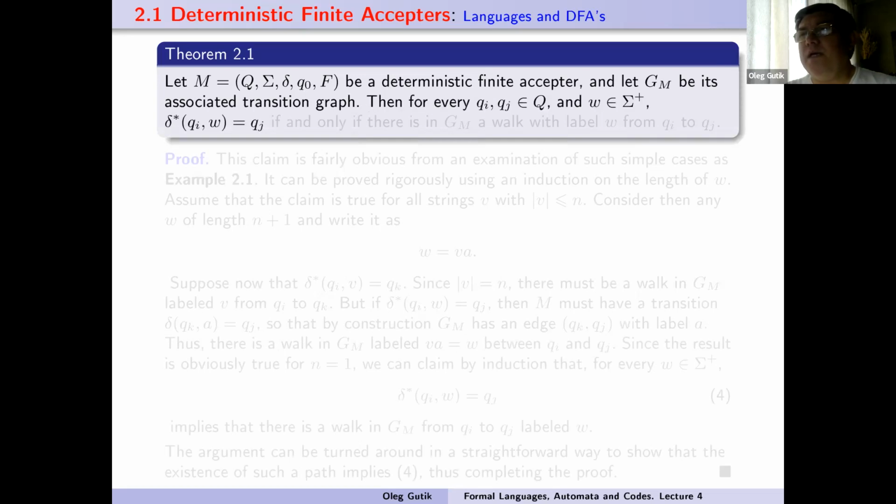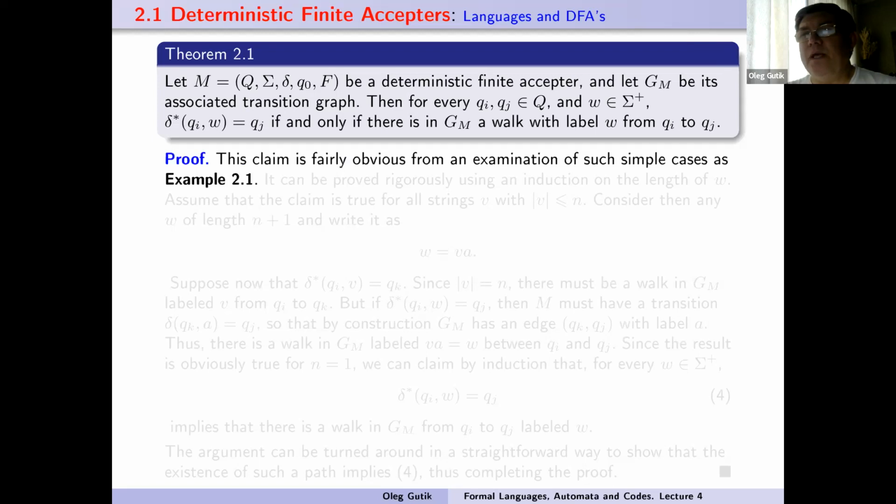Then for every pair of states Qi, Qj of this automaton and any string W from sigma plus, delta star of Qi, W is equal to Qj if and only if there exists in the graph G_M a walk with the label W from the vertex Qi to Qj.